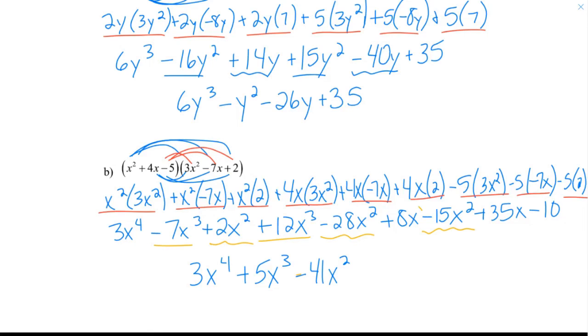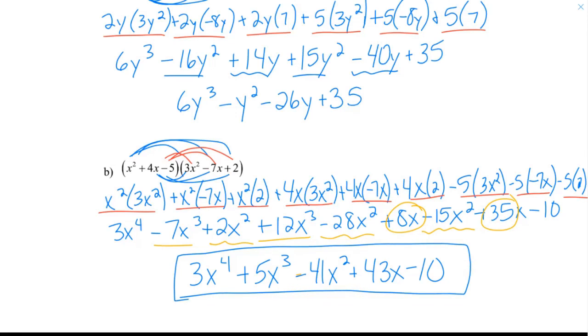And then we have x terms. So we have 8x and 35x. Combine those to get 43x. And then lastly, we just have our minus 10. That is our final simplified answer. I told you it'd be fun.